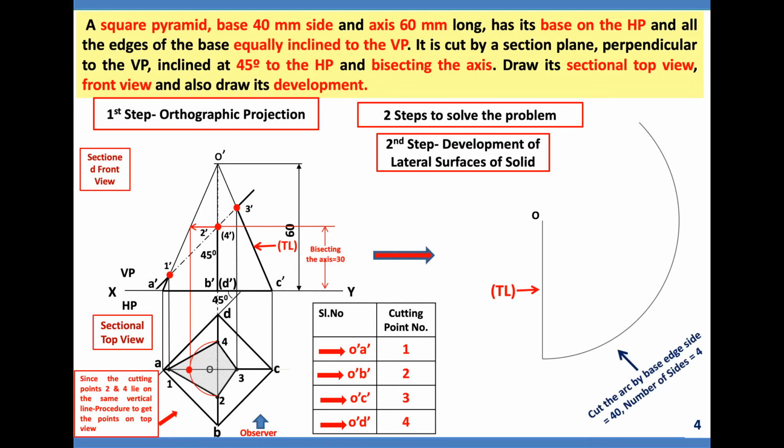Cut the arc by base edge side equal to 40, number of sides 4. 1, 2, 3, 4. Then join this and also do the naming. So we got four surfaces.